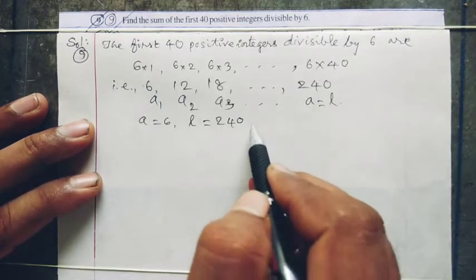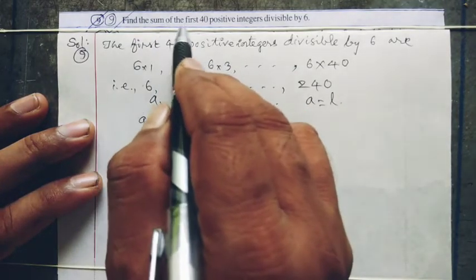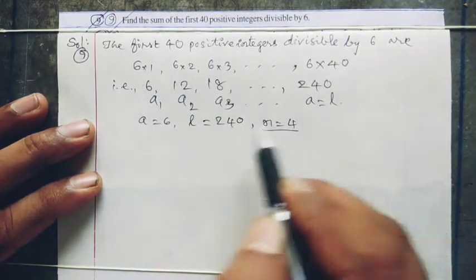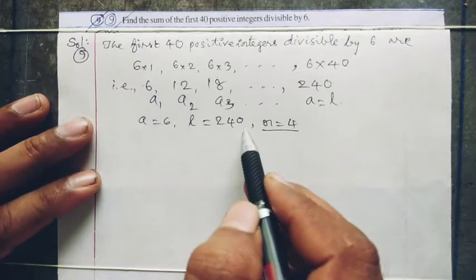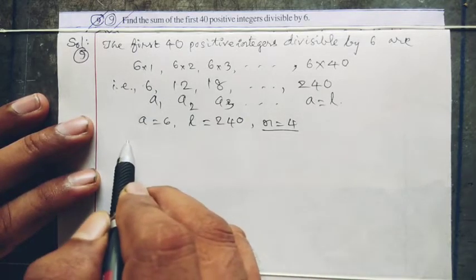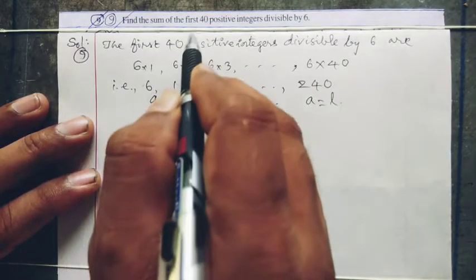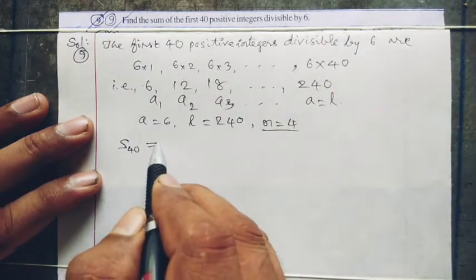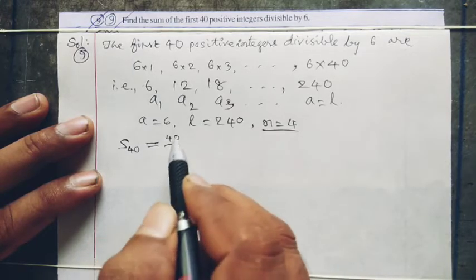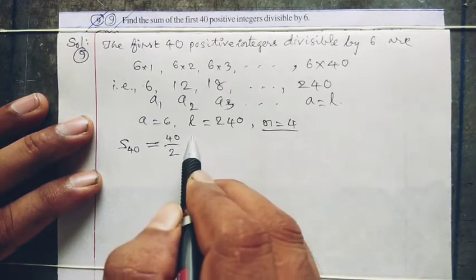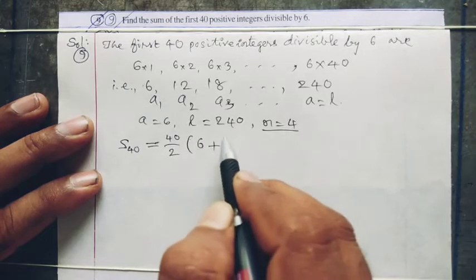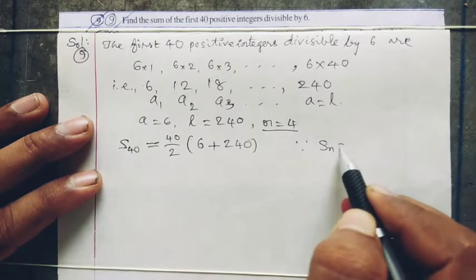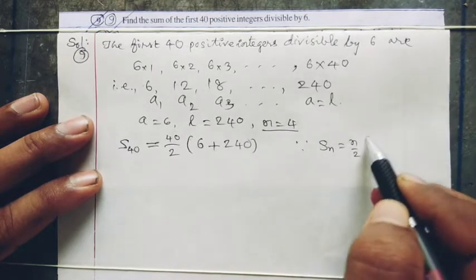Basing on this, we have to find the sum of the first 40 positive integers divisible by 6. N is equal to 40. We use the formula Sn is equal to n by 2 times (a plus L).